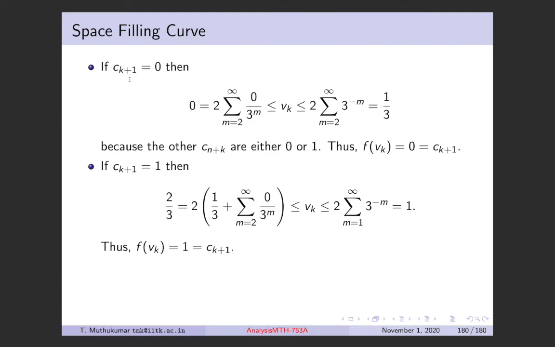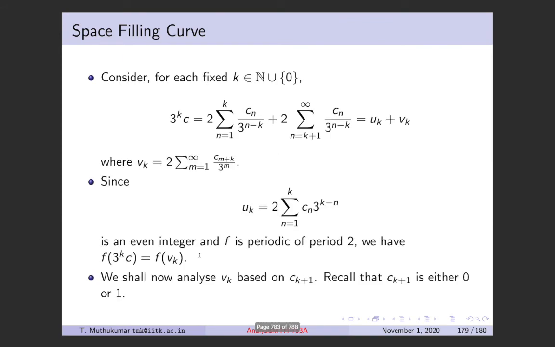So in both the cases, whether it's 0 or 1, what we have obtained is that the value of f of vk is c_{k+1}. Irrespective of whether it's 0 or 1, f of vk is c_{k+1}. So f of 3^k c is f of vk, which is c_{k+1}.